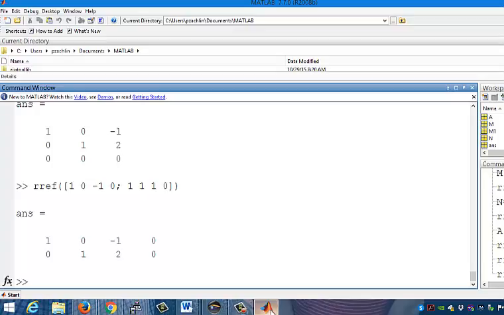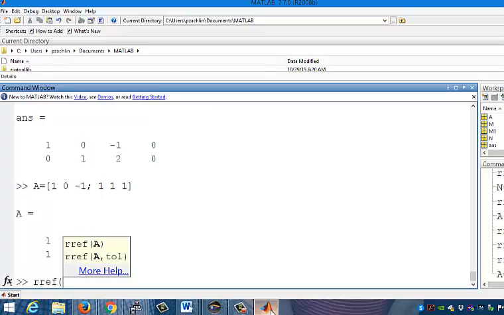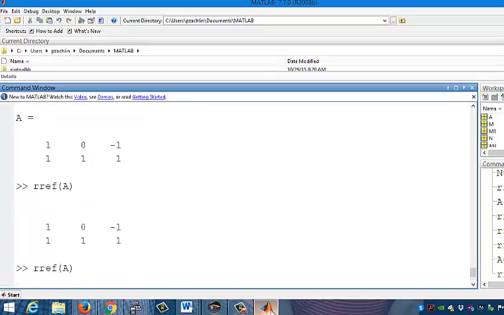Well, again, if A is 1, 0, negative 1, 1, 1, 1, the big thing to do is do row operations. You don't have to do reduced row echelon form, but you need to at least get it into row echelon form.